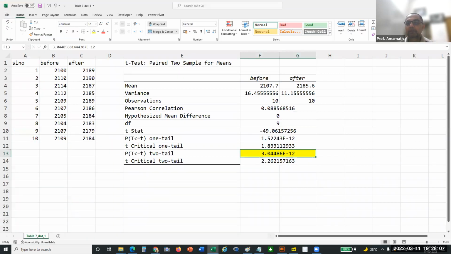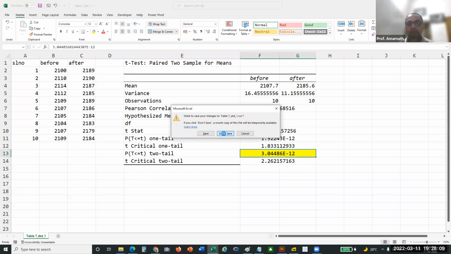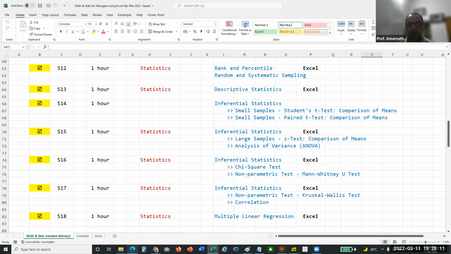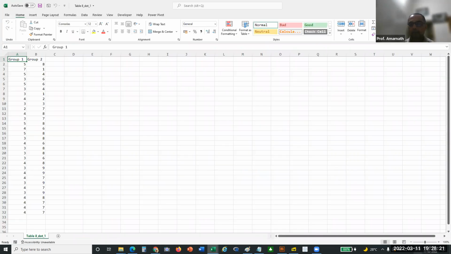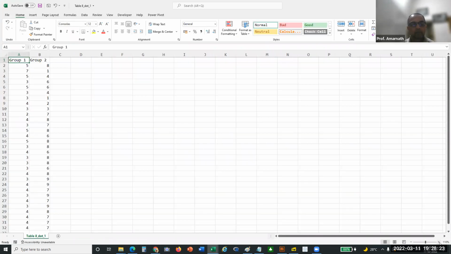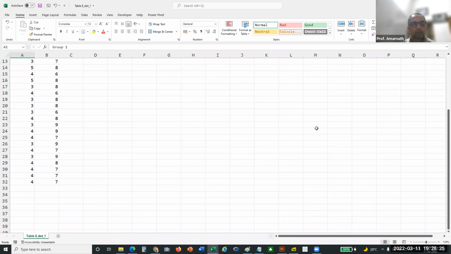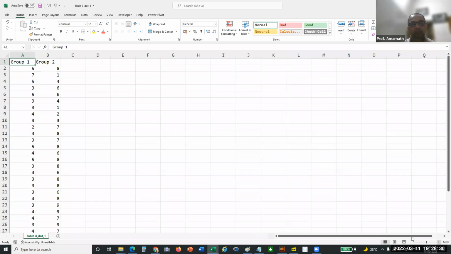Let me close this. So I have about 30 or 31 observations, with group 1 and group 2.